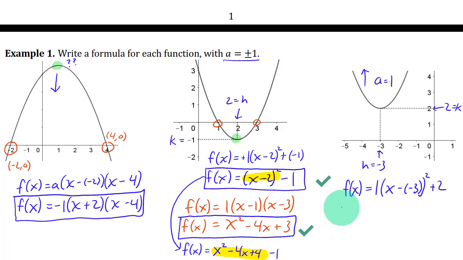So you could also write that in slightly simpler form as f of x equals (x plus 3) squared plus 2. And something to notice here is that if the h is a negative number, then subtracting a negative number ends up giving you a positive result. So you can write it that way.